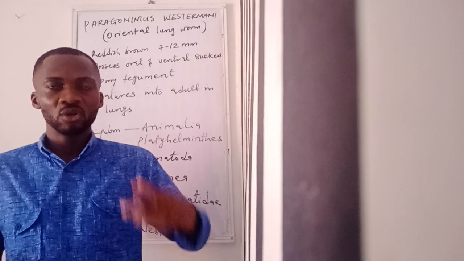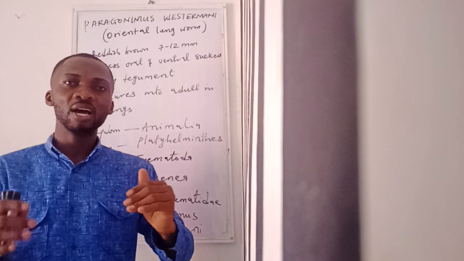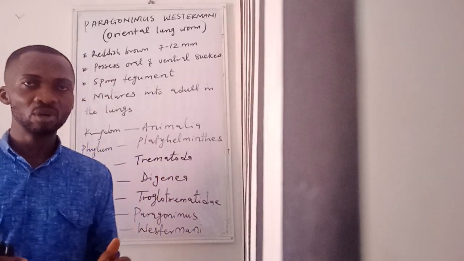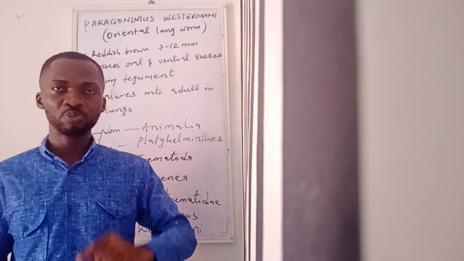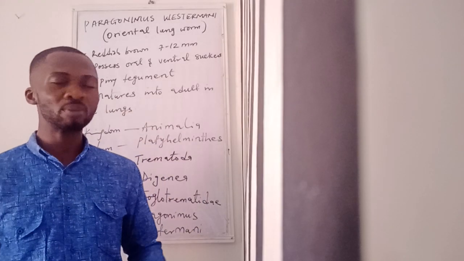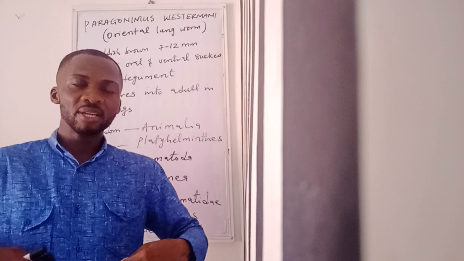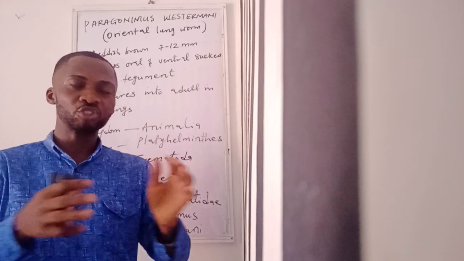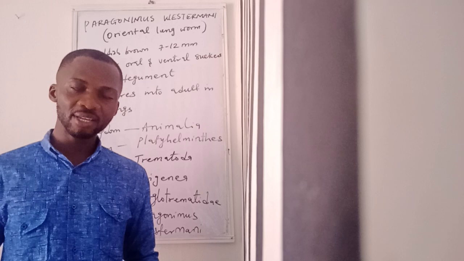Then humans cough up the eggs, and they land within the sputum. The individual may swallow the sputum, and once it is swallowed, the eggs of the parasite, shrouded within the sputum, land in the intestine.